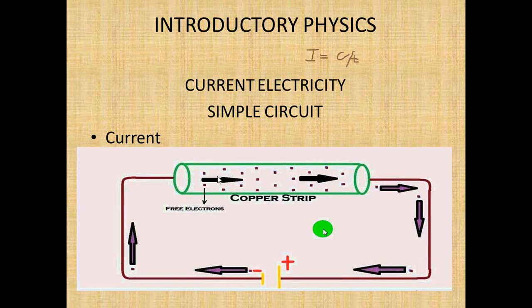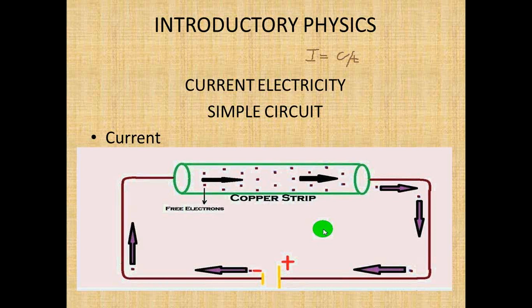So the electrons are going to have a very haphazard zigzag motion because they're going to collide with atoms, and the direction is going to change.